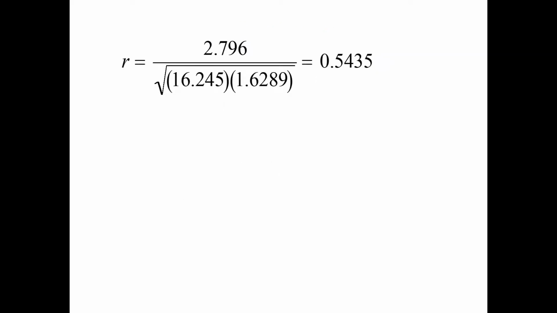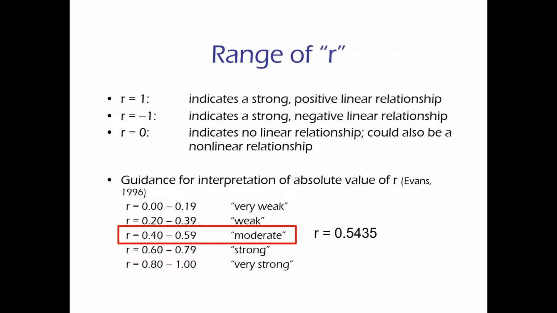Now, let's add these values into our R formula to get the actual value of R, which is 0.5435. Based on this calculated R value, we can see a moderate positive linear relationship between sleep deficit and exam performance.